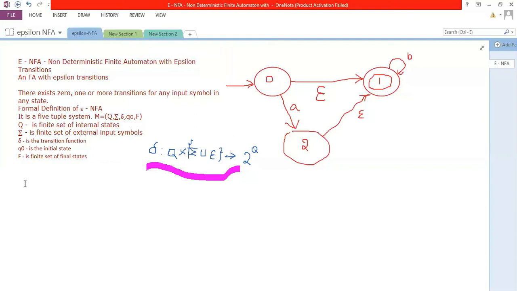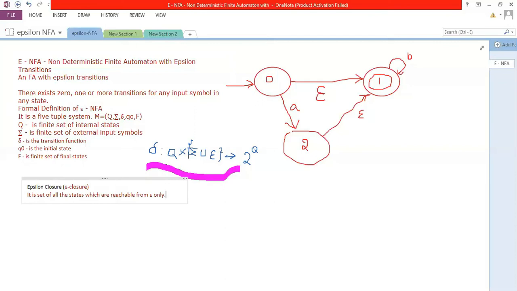In order to do that, we need to remember one more thing called epsilon closure. So let's understand what is epsilon closure. Epsilon closure is the set of all the states which are reachable from epsilon only.